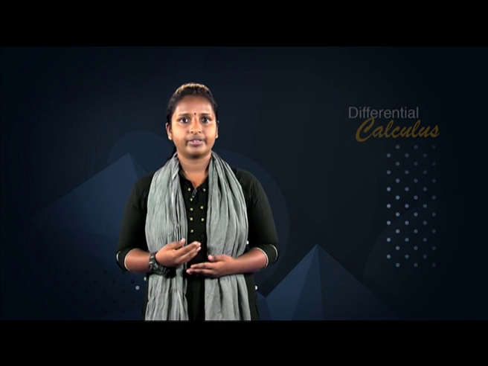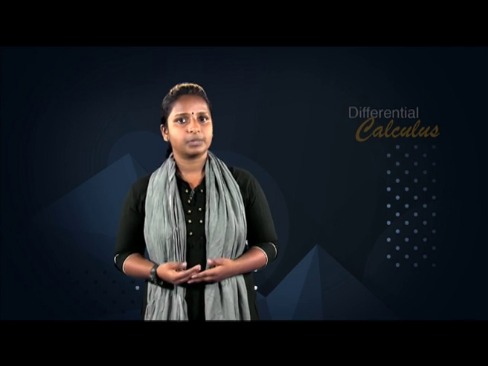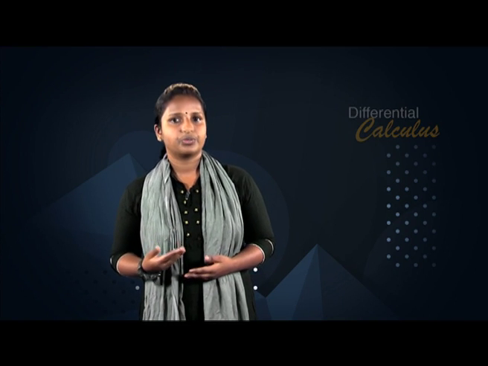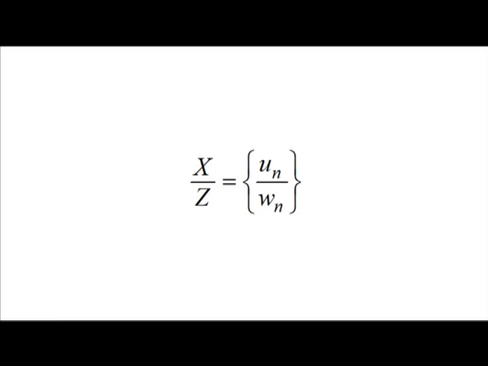If C belongs to R, we define the multiple of x by C to be the sequence Cx equal to sequence Cun. Finally, if z equal to sequence wn is a sequence of real numbers with wn not equal to 0 for all n belongs to N, then we define the quotient of x and z to be the sequence x upon z equal to sequence of un upon wn.